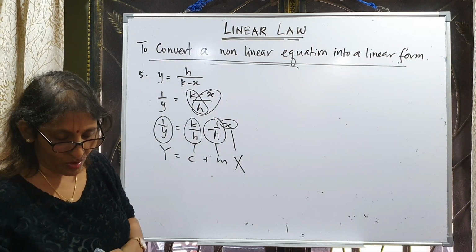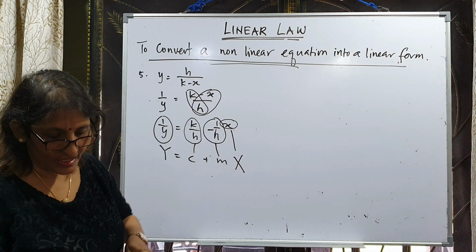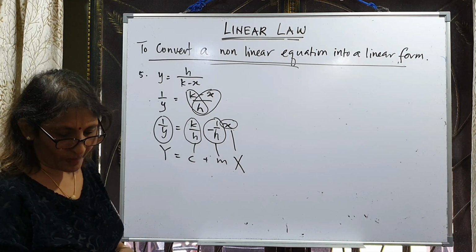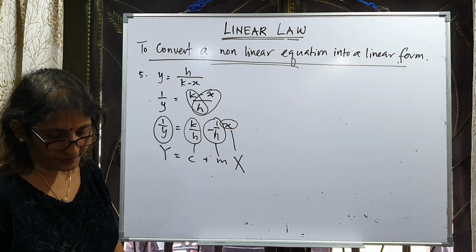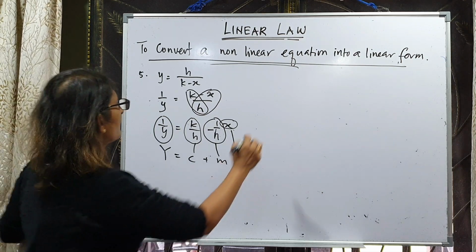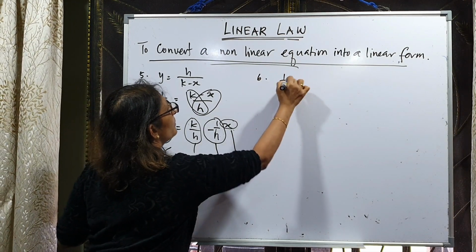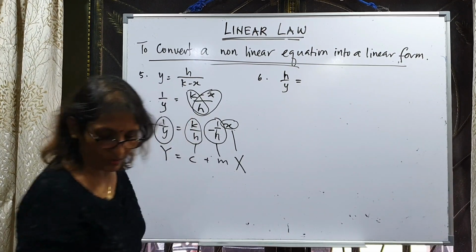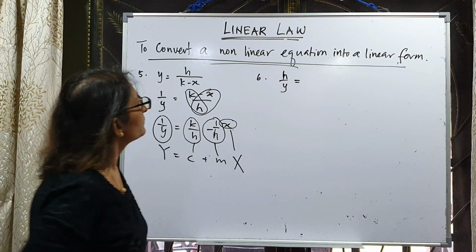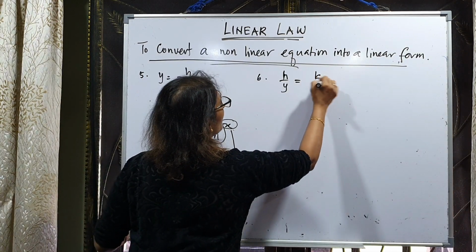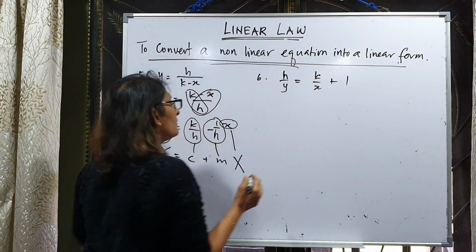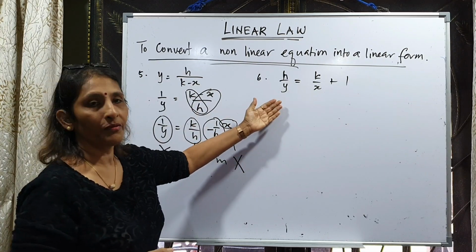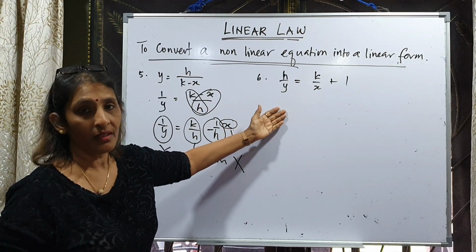Alright, some more. Let's say this one. Number 6: h over y equals k over x plus 1, right? Now do we have this in the form of y equals mx plus c already?